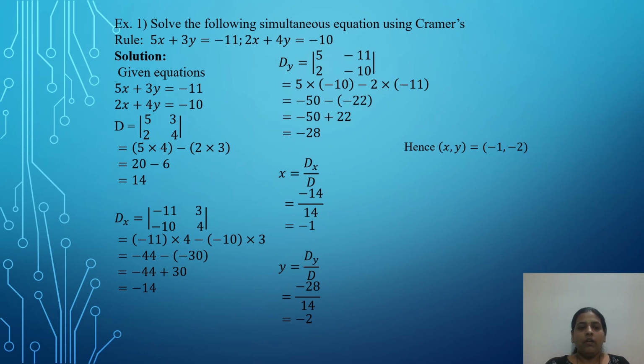When we calculate the value of Dx, replace the coefficients of x with the constants. When you calculate the value of Dy, replace the coefficients of y with the constants, and after that calculate the values of x and y with the help of the formulas x is equal to Dx upon D and y is equal to Dy upon D.